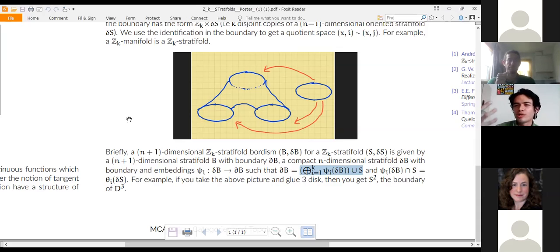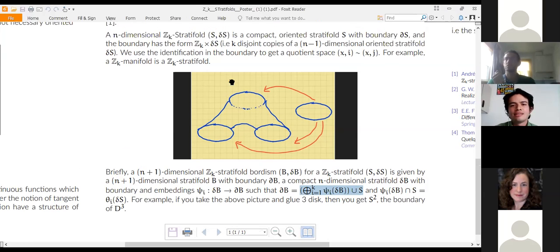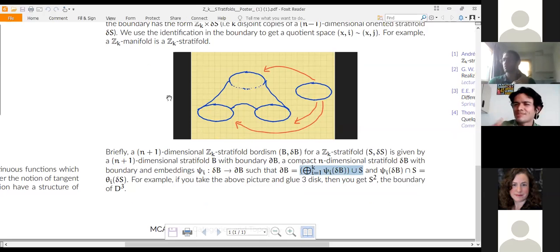You can glue K copies of the same object and get the boundary of another stratifold. For example, in the above picture, you glue 3 cups, and then you get the boundary of this, of dimension 3. You can read the exact definition in some paper in arXiv.